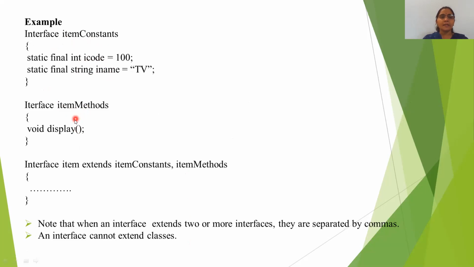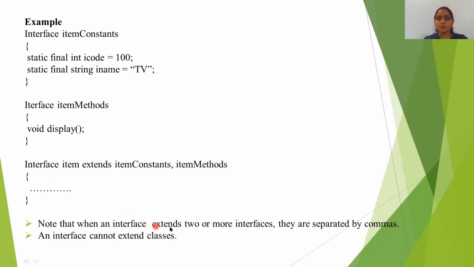So in item methods interface, I declare only the display method. After that, I extend the interfaces: interface item extends item constants, item methods. After the extends keyword, all the interfaces are the old interfaces. Item constants and item methods are the old interfaces, and item is the new interface.